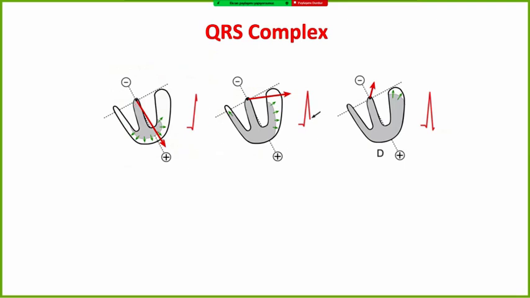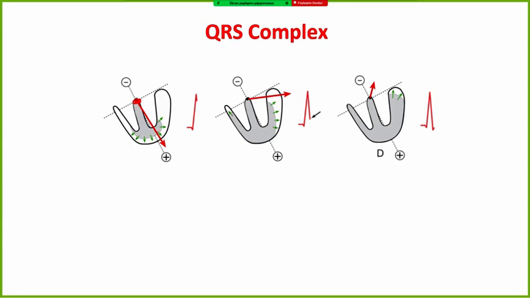And this is how the QRS complex is formed. Once the electrical impulse leaves the AV node, first it depolarizes the septum and then the ventricular walls.